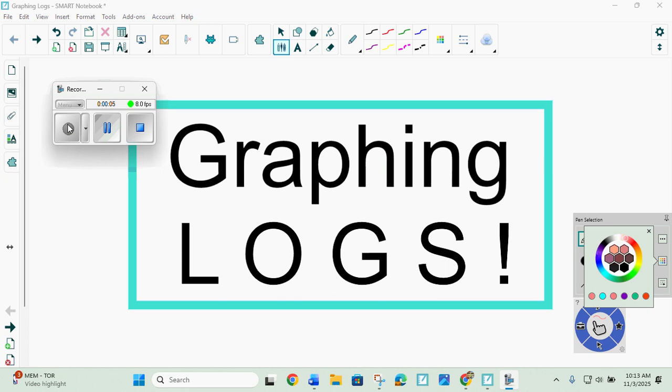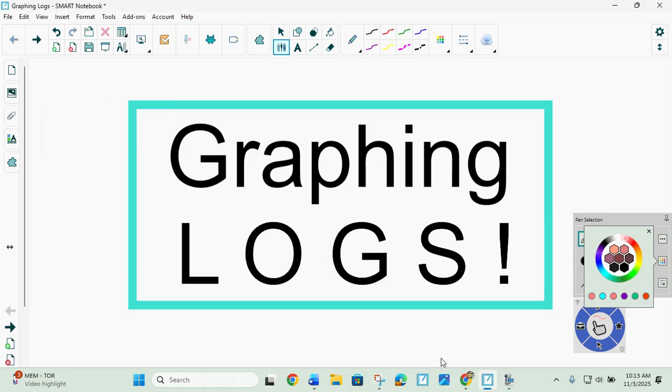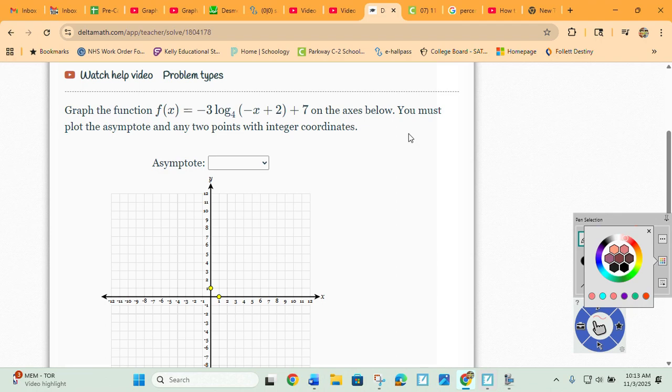I made a mistake on that third part for Delta Math, and I just erased it from the first video, and here we go. So what's going on with that third one? I did it really fast, and what we need to be looking out for is when there are two things going on after the log.